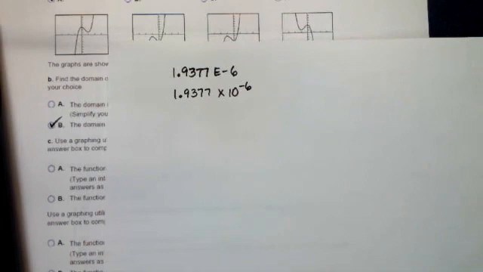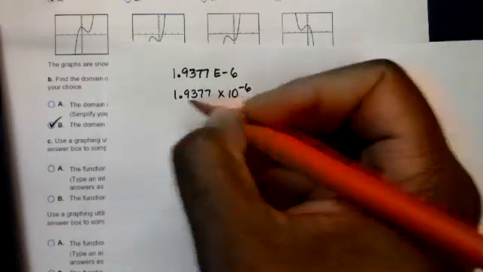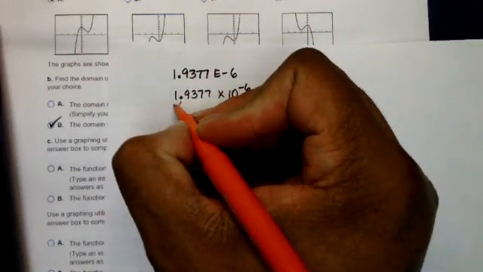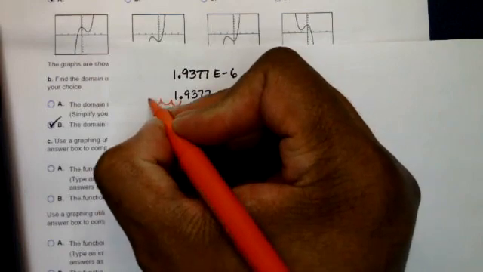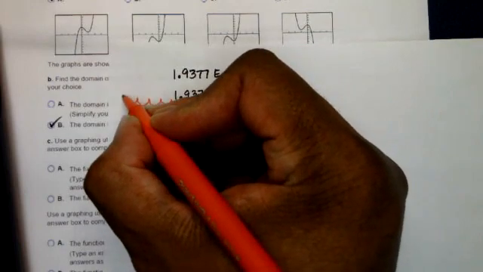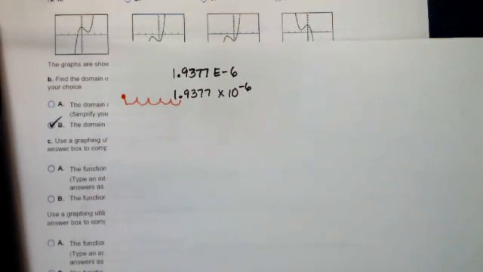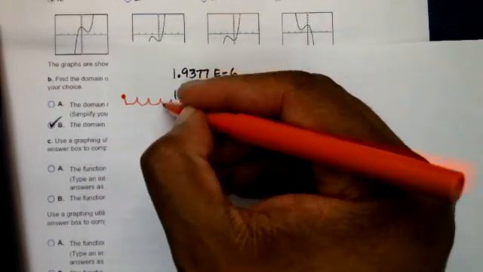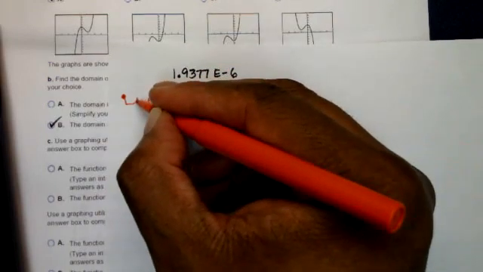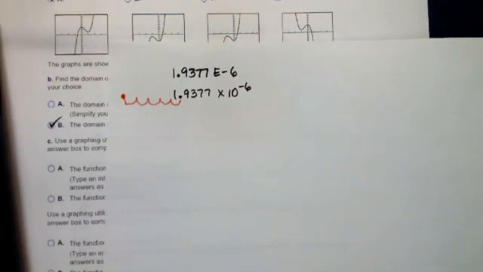It's going to be a number that's between 1 and less than 10 multiplied by a power of 10. In this case, I want that as a regular number in standard form. That negative 6 tells me I need to move this decimal point 1, 2, 3, 4, 5 places, and 1, 2, 3, 4, 5, 6 places.